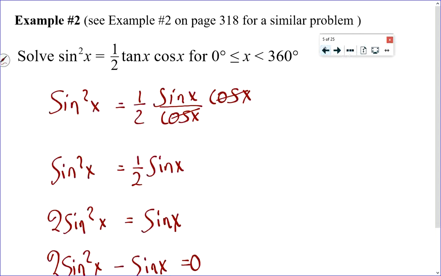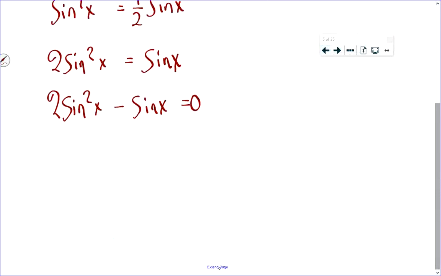So now where we're at is we are at 2 sine squared of x minus sine of x. It's quadratic. We can factor it. I know there's a lot to remember in life and in math and in this course. But when you have a quadratic equation that's missing the constant term, there's a quadratic term and there's a linear term, but there's no constant term, then you factor out the greatest common factor, and there will always be one.